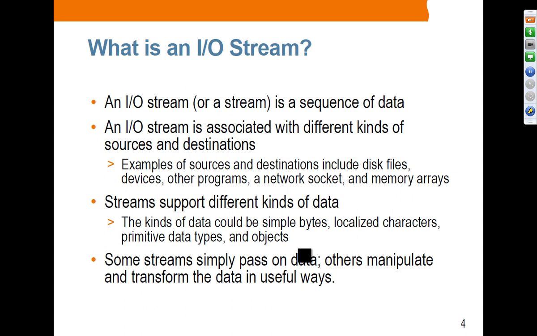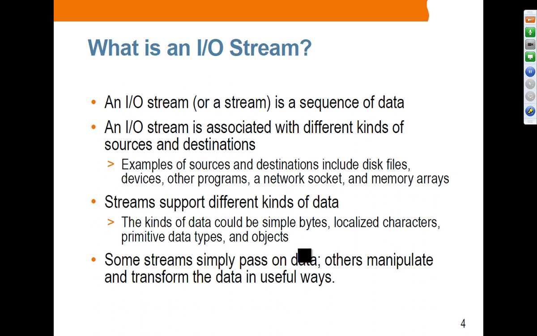So these are all different types of stream sources. It could be a file, or devices, or a network socket, or memory, right? And those things also could be destinations. We could write things to a file, or to memory, or to a network socket, and things like that. So an IO stream is associated with a source and destination, and there are different kinds of sources and destinations.